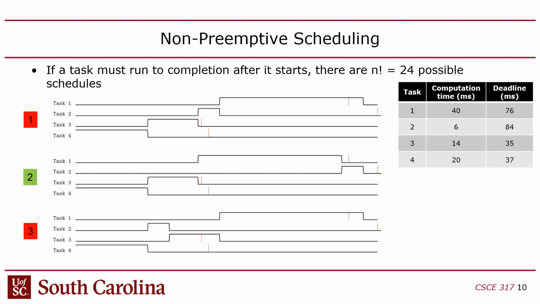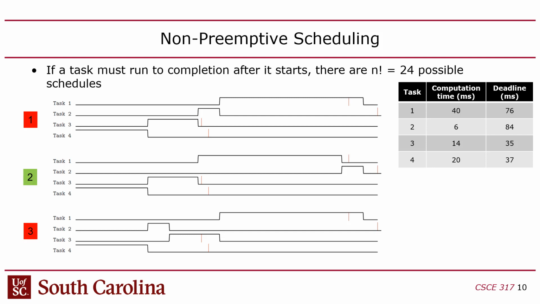Now, I'm showing the deadlines for each task as little red lines, and you can see that task 1 missed its deadline because its deadline was at 76 milliseconds, and it exceeded that, right? Task 2 met its deadline because its deadline was way out here.